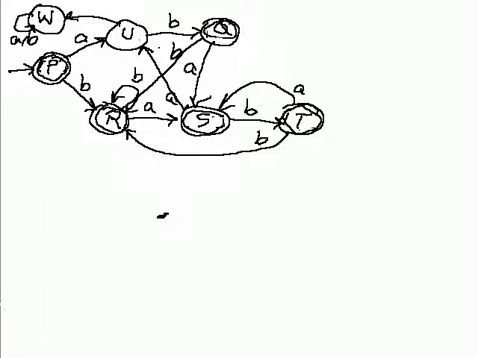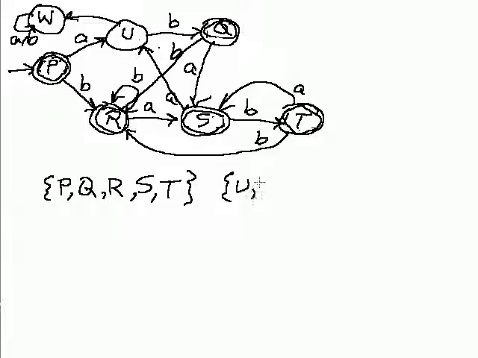So the very first thing we do is make a set of accept states, which would be P, Q, R, S, T, and a set of non-accept states, U and W. That's our first partitioning. And now we begin breaking the sets down into even smaller sets.